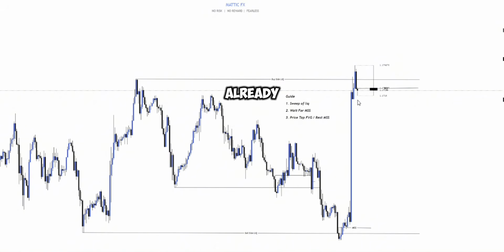So we already have step 1, step 2. So step 3 would want something like either a retest on the market structure shift, or if it's a fair value gap, or sometimes even a retest right here going down, right?